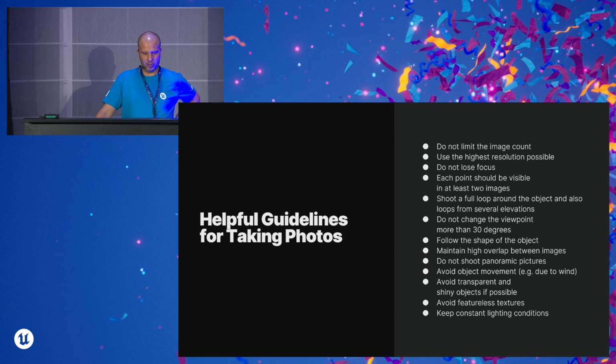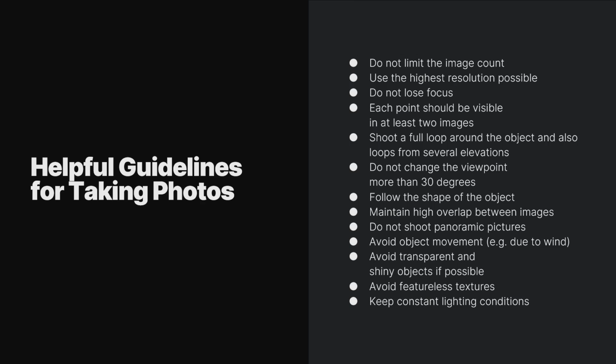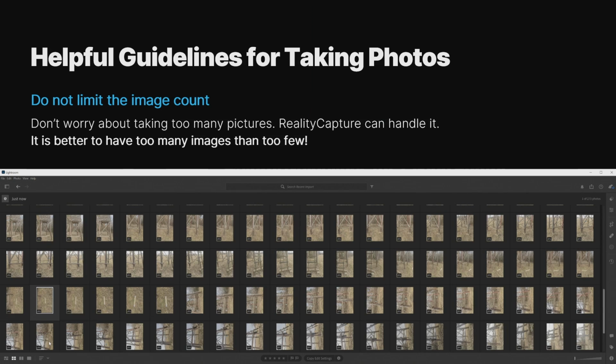Do not change the viewpoint more than 30 degrees. Follow the shape of the object. Maintain high overlap between images. Do not shoot panoramic pictures. Avoid object movement, e.g. due to wind. Avoid transparent and shiny objects if possible. Avoid featureless textures. Keep constant lighting conditions.